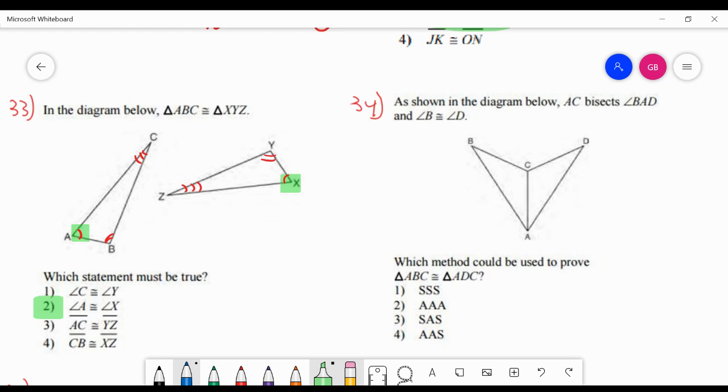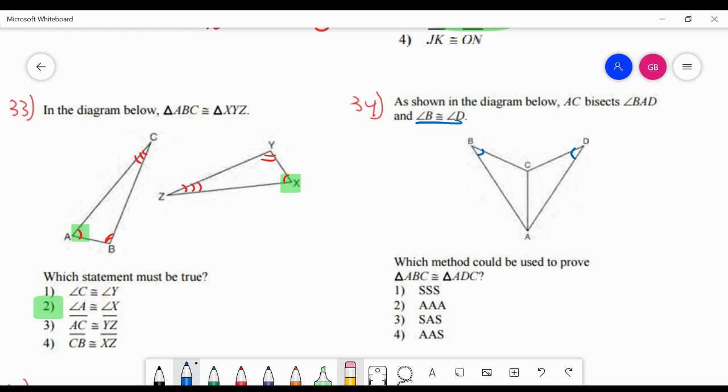34, as shown in the diagram, AC bisects BAD and angle B is congruent to angle D. Which method can be used to prove that the triangles are congruent? Okay, so B is congruent to D. So I'm gonna go ahead and mark it. That's given.